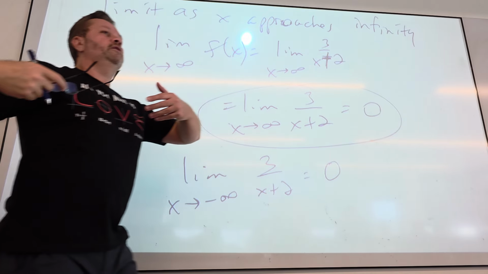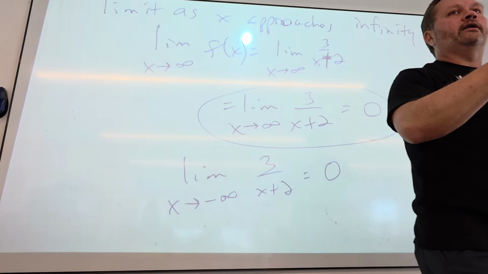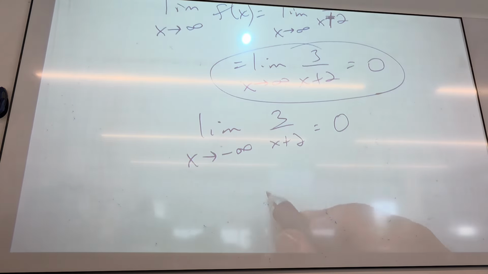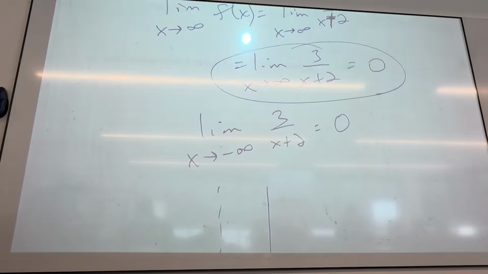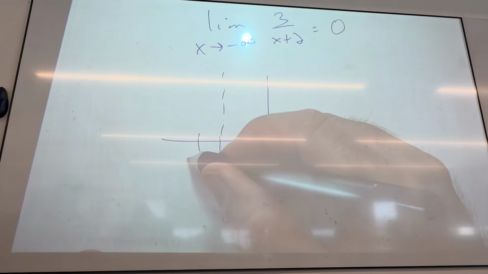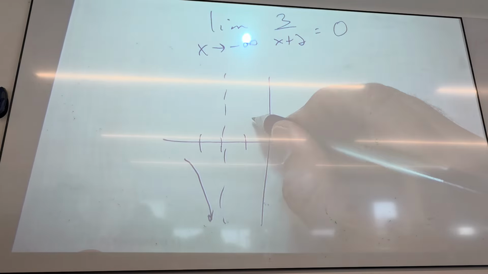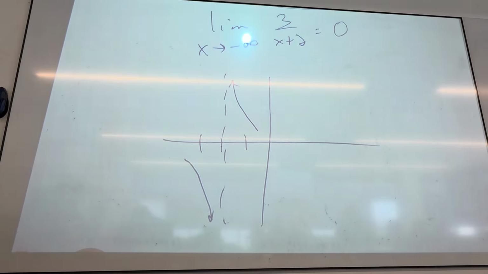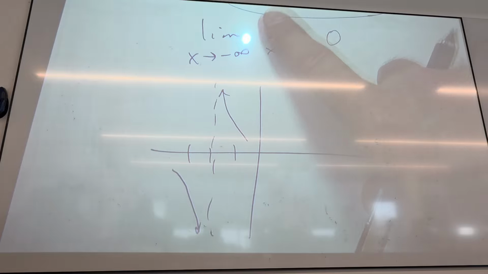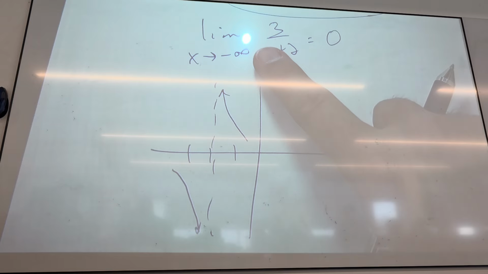So what does that mean for me, dear God, Jeff? So earlier, when we did this function, at -2, we had a vertical asymptote, yes? And we saw that it went like this and like this. Can somebody tell me the y-intercept just to push my luck here? What's the y-intercept of this function?